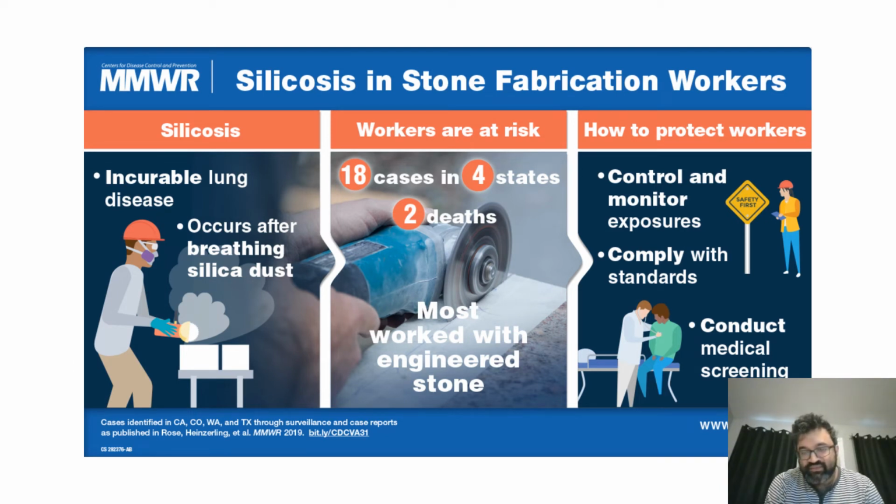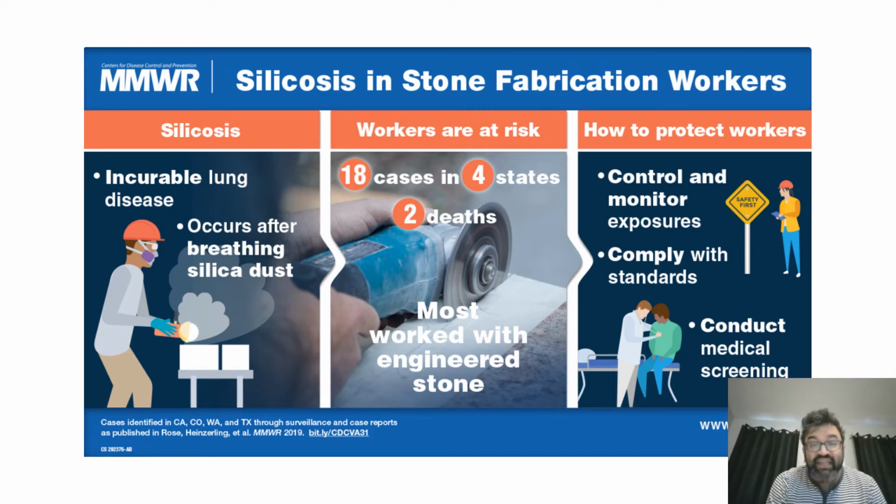I'm just going to end this with some examples. Silicosis is dangerous among fabrication workers, stone fabrication workers, the silica dust that they breathe in. This causes incurable lung disease. Below they showed some of the cases that were actually identified in California, Colorado, Washington, and Texas.